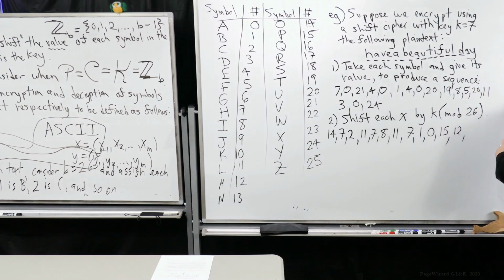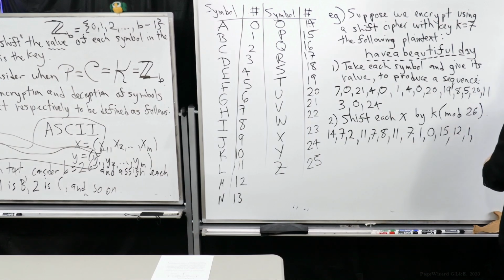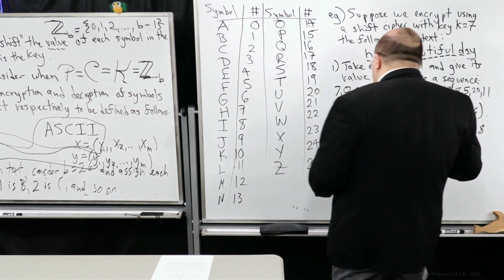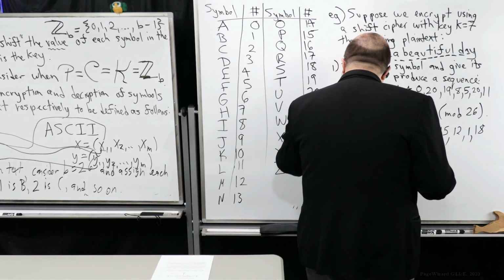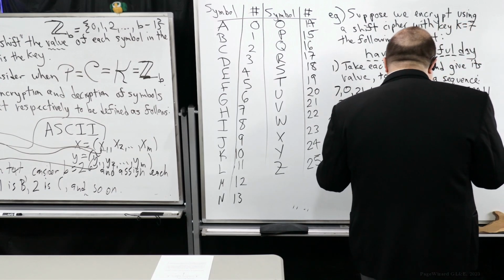Then we have 20 plus 7, so we have 27 mod 26. Remember, 26 mod 26 is 0, so 27 mod 26 is 1. 11 plus 7 is 18. Then we have our last 3 here. Well, 3 plus 7 is 10. We don't get anything by modding it by 26.